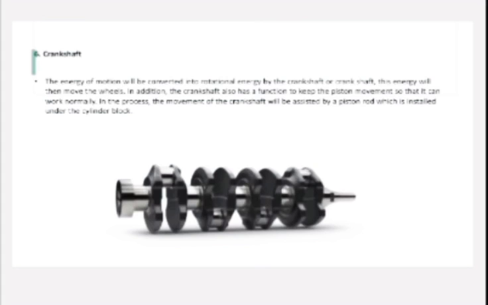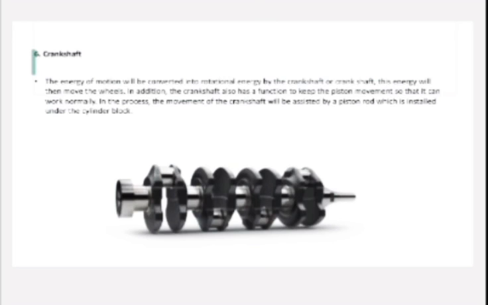6. Crankshaft. The energy of motion will be converted into rotational energy by the crankshaft. This energy will then move the wheels.